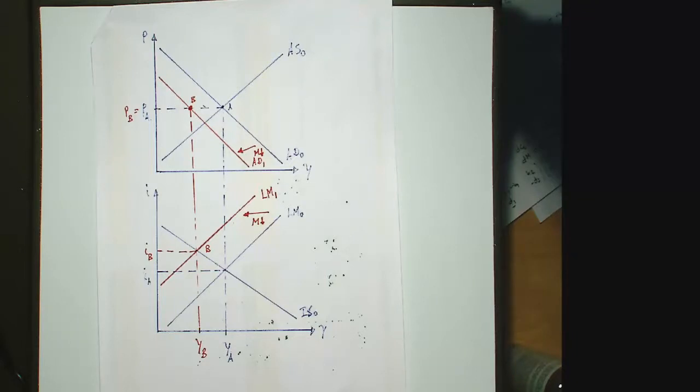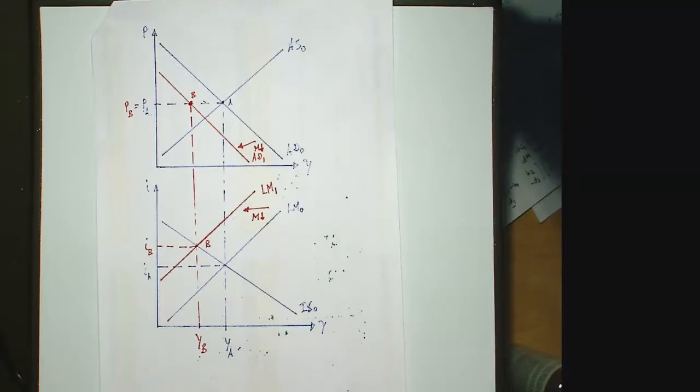So here at point B, we can see that there is a higher interest rate and prices are constant, so PA is equal to PB, and we are at point B where our aggregate demand is lower than our aggregate supply. In the IS-LM curve, we can see that there is a higher interest rate. Due to the higher interest rate, investment demand would decrease. Since investment demand is decreasing, we have a lower income level from YA to YB.